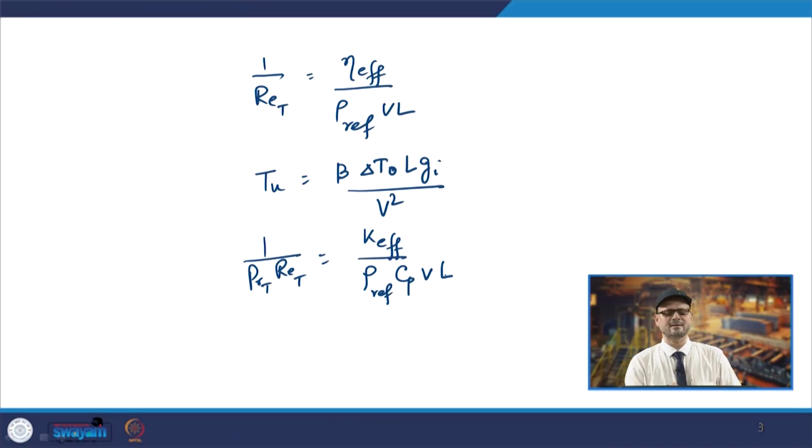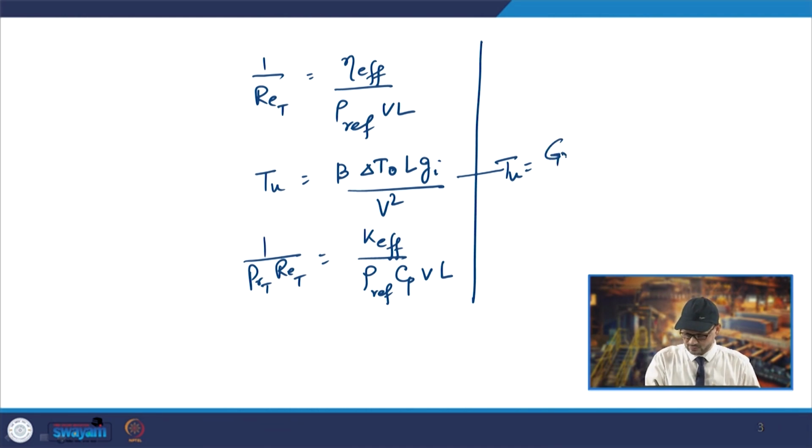Now, if you look at this number, it is related to the Froude number. The Froude number is V square upon g L. If you take this term, you have only this term extra, so basically it has certain similarity with the Froude number.